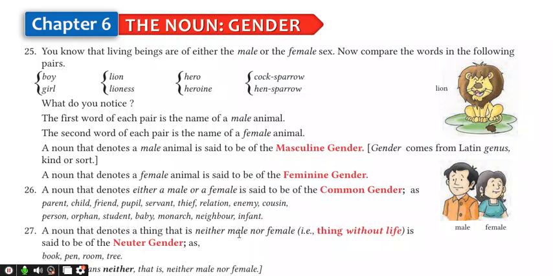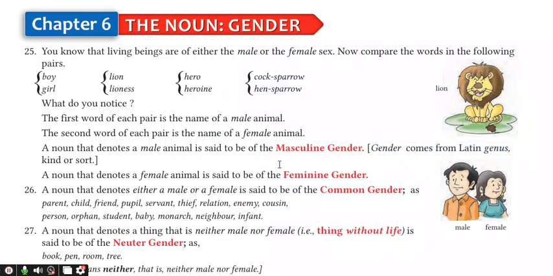A noun that denotes a male animal or male living being is called masculine gender. And the word gender comes from the Latin word genus, which means kind, sort, or category.